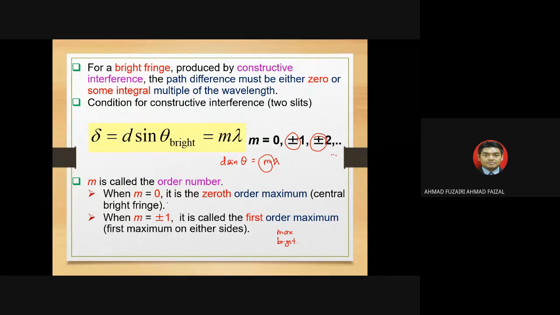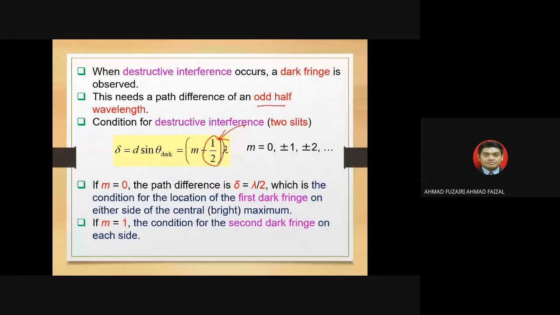If the question asks you about the 10th bright fringe, so you can put 10 at m. Okay, so with the use of this kind of equation, which means d sine theta equals to m plus half lambda, remember how to put the correct m.